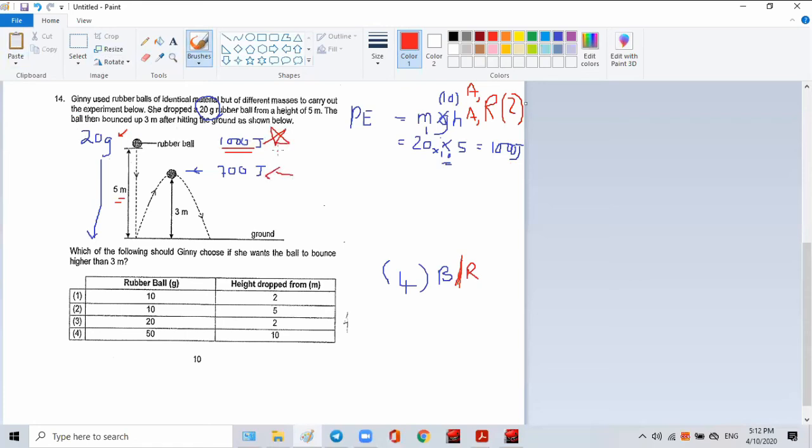Now, if Ruben says he wants the ball to bounce higher than 3 meters, that means go higher. That means it must have more energy, because to reach this level, you need 700 joules. So if you pick number 2, you pick a rubber ball that's 10 mass times 10 gravity times 5 meter, what do you get? 500.